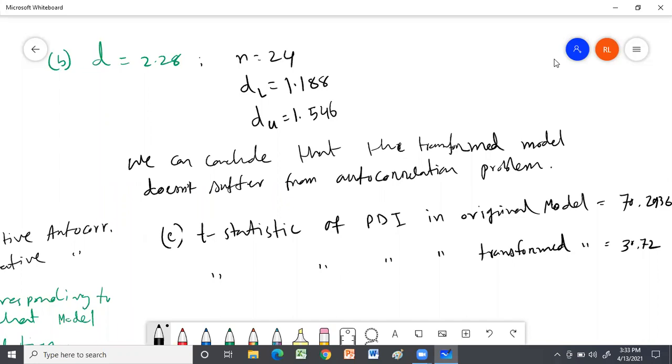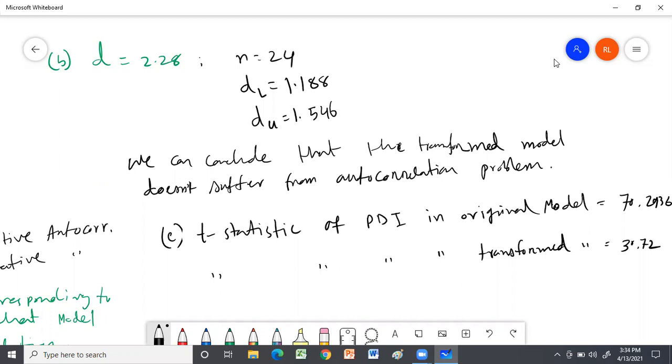Did I clarify this in the earlier class? Yes, sir. So that is what you have to write down here, that in number C, it suggests that if the regression model suffers from autocorrelation problem, then it will inflate the t value or t statistic of OLS estimators. We know that the original model suffers from autocorrelation problem, right?